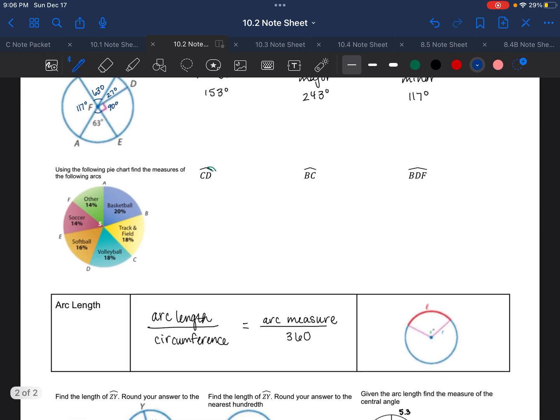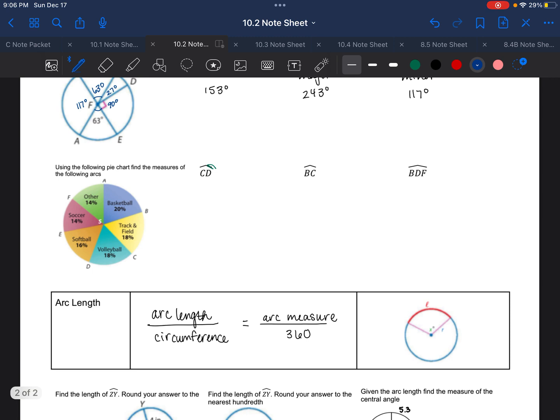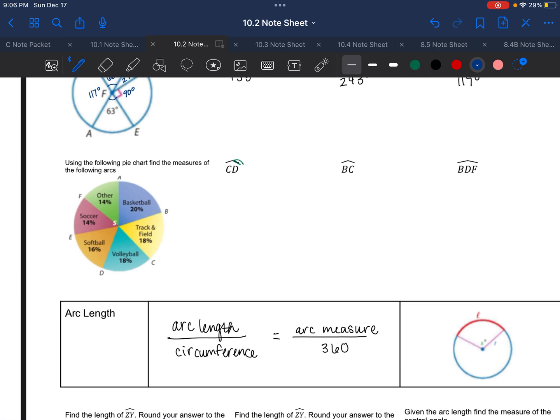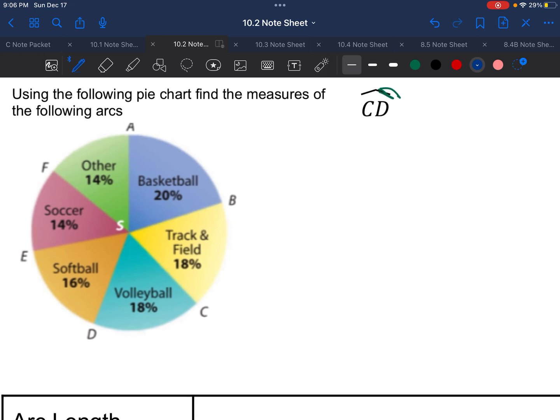All right, use the following pie chart to find the measures of the following arcs. Arc CD, so that'd be this arc here. We're not told the measure of the central angle, but this is 18%. Percents are out of 100, so 100% of this circle would be 360 degrees.